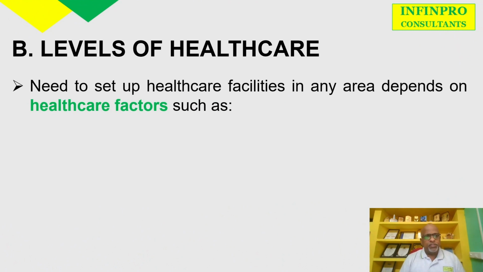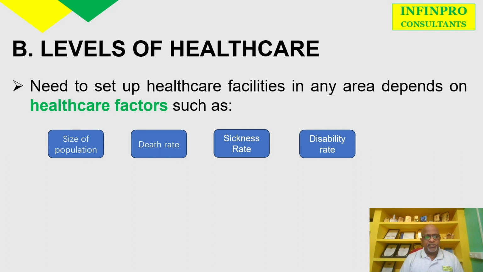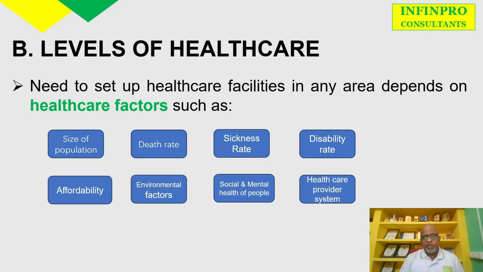Adding more on the levels of healthcare, healthcare facilities are set up in a specific area by a government or a private organization, depending on certain healthcare factors, and those healthcare factors start with size of the population of the area, death rate within the area, sickness rate, and the disability rate, affordability, environmental factors, social and mental health of people, and healthcare provider system.